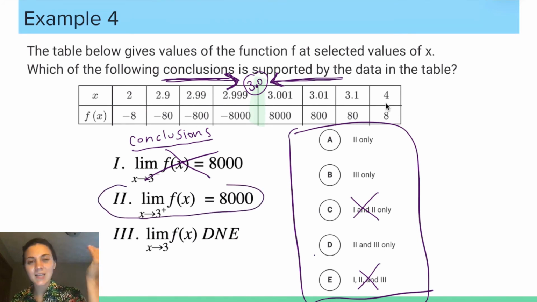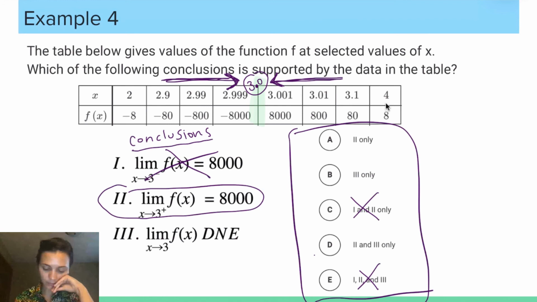And no, it doesn't say which one is true, because with tables, it's hard to say for certain what a limit is, but it is supported by the data in the graph, meaning that there's evidence that seems to make that true. So I'm going to say 2 is good. So I'm going to get rid of option B, because option B does not include 2. So it's either A, which is just 2, or D, which is 2 and 3.